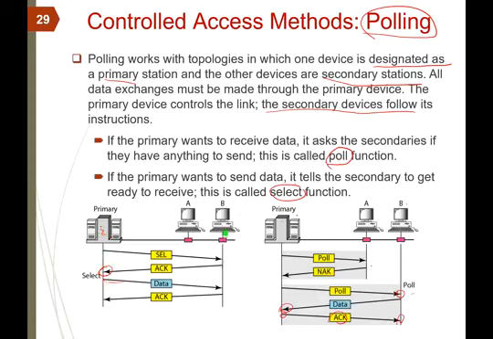So the primary wants to send data to B. It will send it a select: are you ready to receive data? The secondary will acknowledge yes. Now it is selected and the primary will send its data to B. If data is received correctly, the secondary will acknowledge to the primary that it received its data correctly.